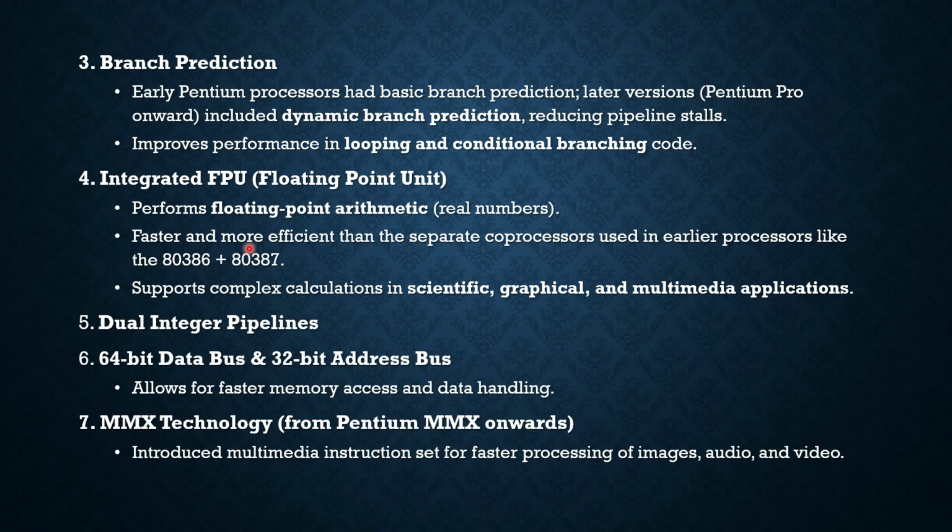Coming to the floating point unit, Pentium class processors have an integrated FPU which performs floating point arithmetic, that is on real numbers, and is faster and more efficient compared to earlier processors like the 80286, 386 and 486. It supports complex calculations in scientific as well as graphical and multimedia applications.